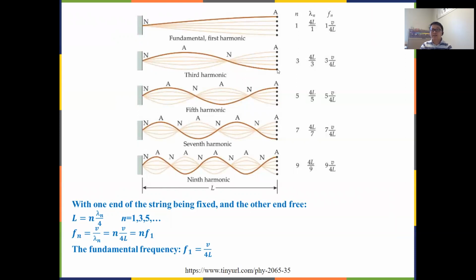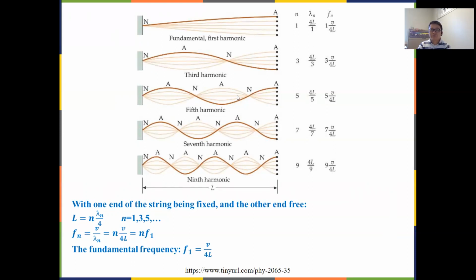In this case, the total length is equal to 3/4 of the wavelength. So 3/4 of lambda is equal to L, then you flip it, so lambda is equal to 4L/3. So this is 4L/3, and this one is 4L/1.